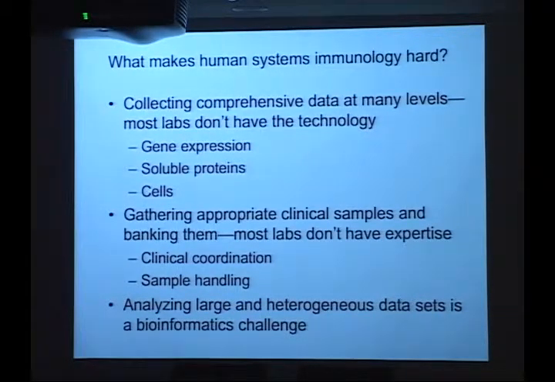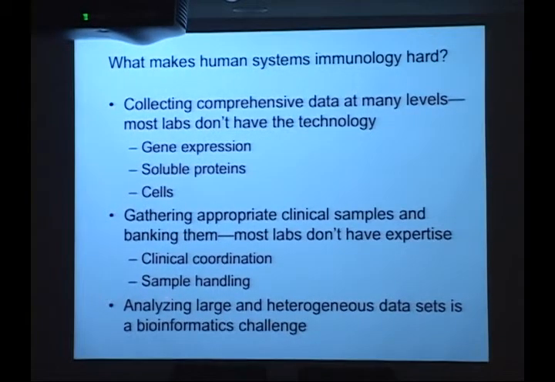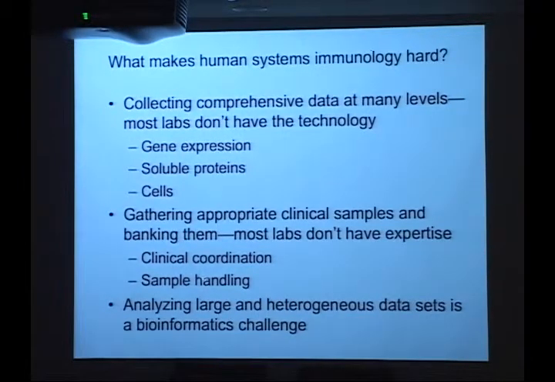It's easier to set up some mouse cages, and even there the bureaucracy has gotten harder. But when you talk about doing a clinical study, there's a lot of expertise that's needed in terms of IRBs, but also coordination and sample handling, how to bank and freeze down samples and things like that.